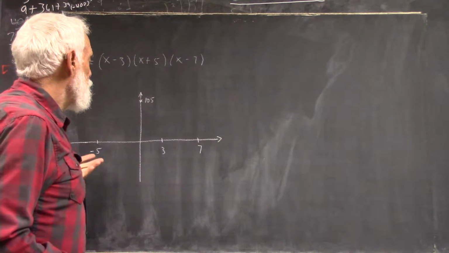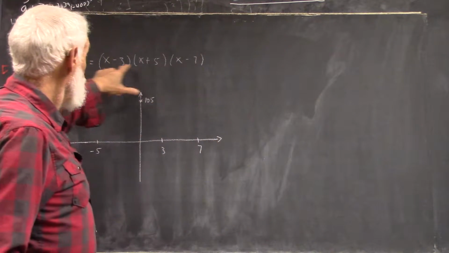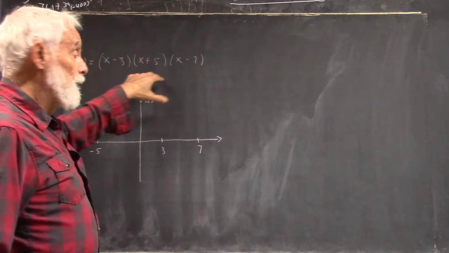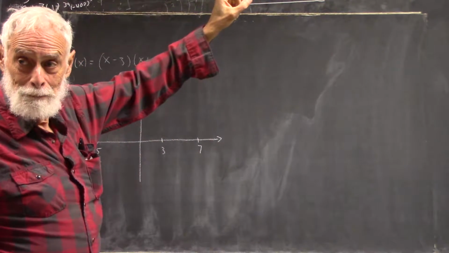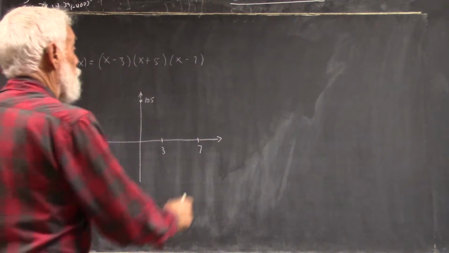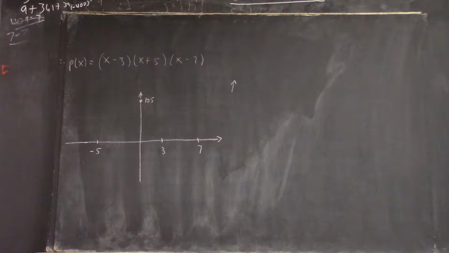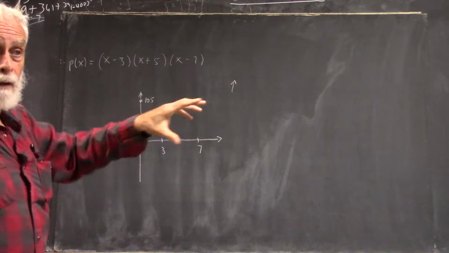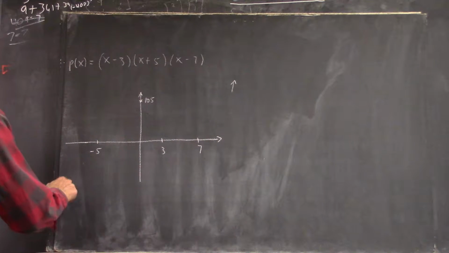Now, if we go far to the right, all these x's are going to be big positive numbers. You're going to have 3 big positive numbers that you multiply together to get a humongous positive number. Okay? So it's going to go up this way. On the left, you're going to have big negative numbers. 3 big negative numbers give you a humongous negative number. It's going to go down this way.